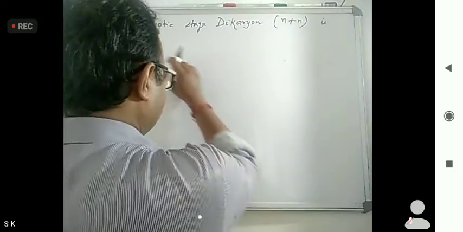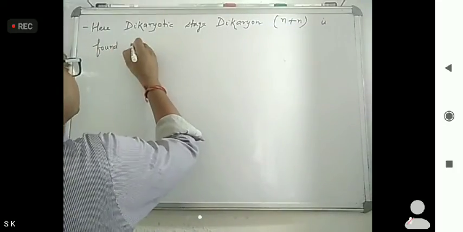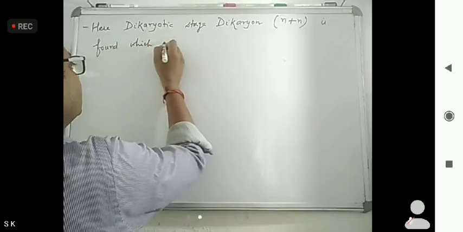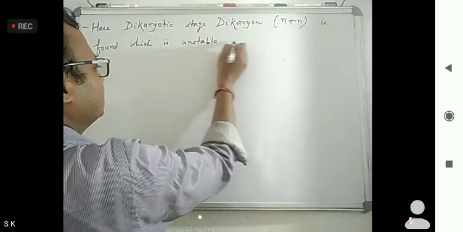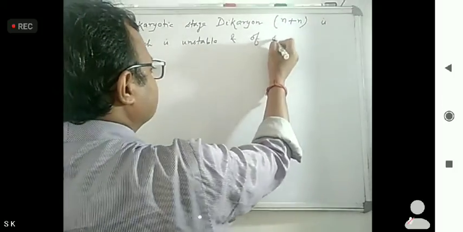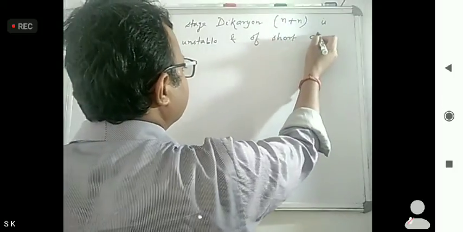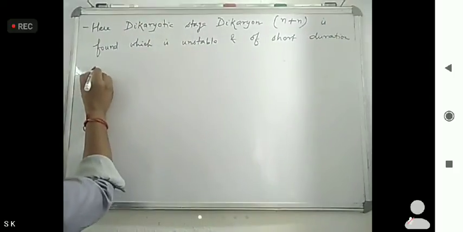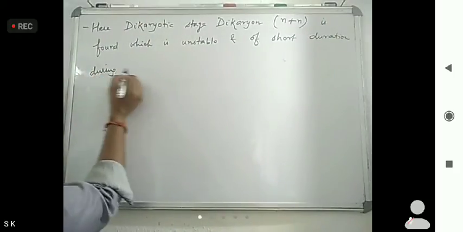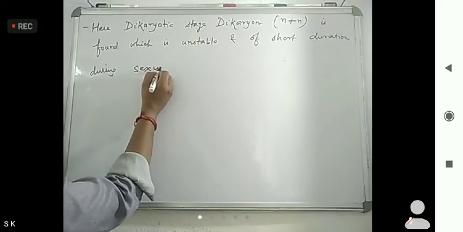Okay, so what, which is unstable and of short duration during sexual reproduction.